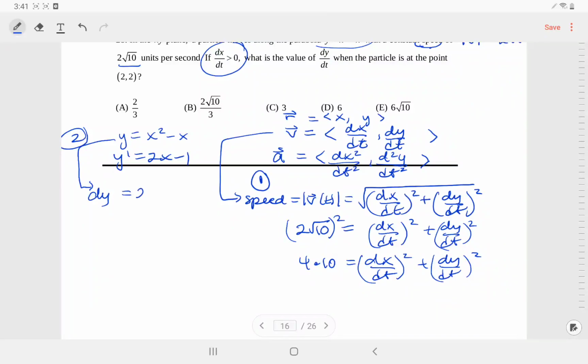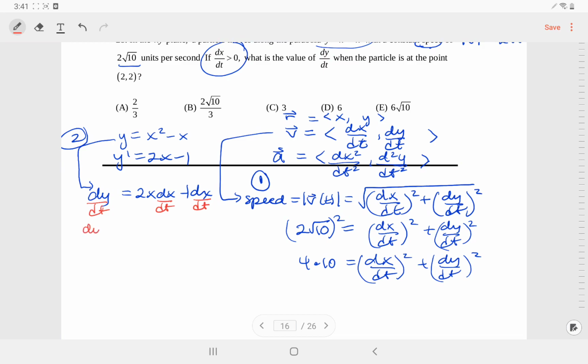So dy is 2x dx minus 1 dx. Kind of like implicit, but then I'm going to related rates it, which is dy/dt, dx/dt, dx/dt. Now I want to solve for dy/dt with the particle at (2, 2).